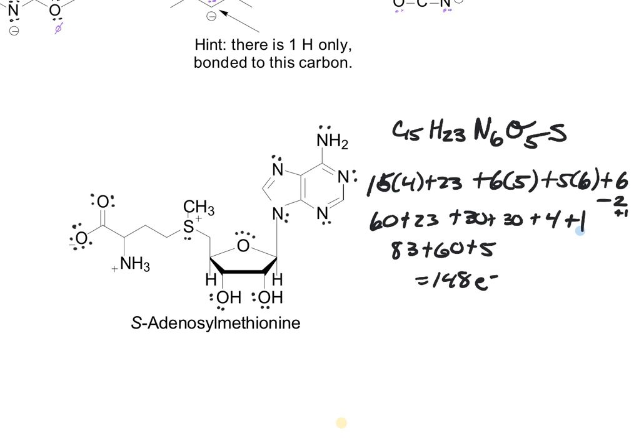All right, so let's count up all of the lone pairs. 2, 4, 6, 8, 10, 12, 14, 16, 18, 20, 22, 24, 26, 28, 30, 32, 34.